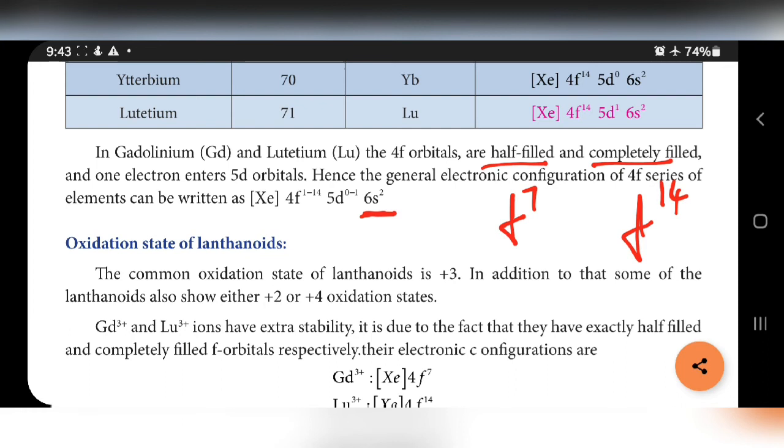For 4f it contains 1 to 14 electrons. That is all. This is the electronic configuration of lanthanides.